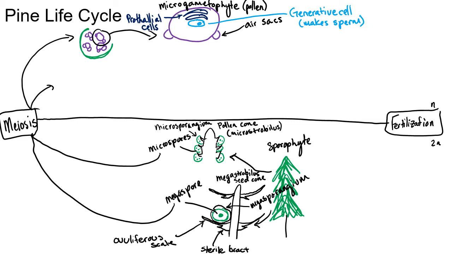And then we have another cell in here, but it takes up basically the entire rest of the space. So we tend to see a nucleus with a nucleolus that looks like a cell, but it's the nucleus of the tube cell. And this grows the pollen tube.